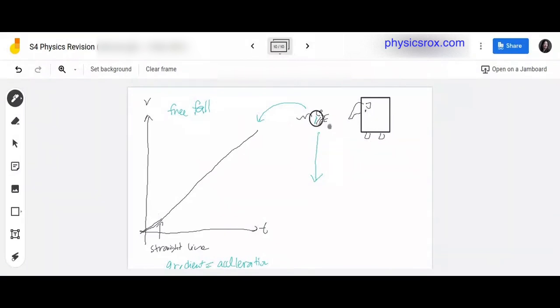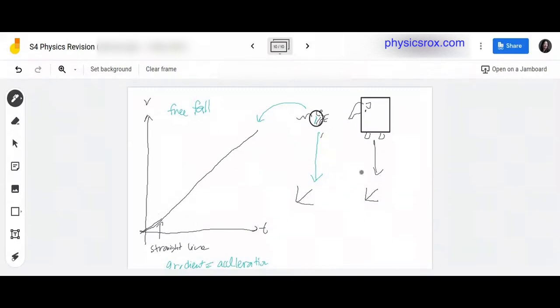If we drop the elephant and check the free fall graph for the elephant, do you think there'll be a change in the shape of the graph? Yes or no? No. So same shape, right? This graph will be a straight line, and this graph also a straight line.